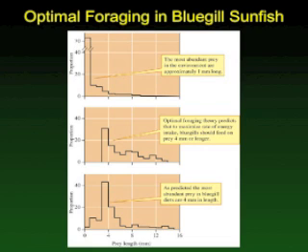So the model actually predicted that, and then when they went out and measured that in these 10 ponds, which were exactly the same size and structure, they were able to really prove that this theory actually works.